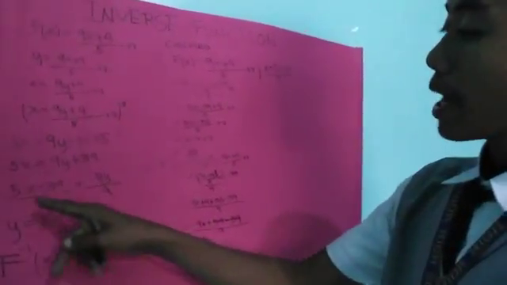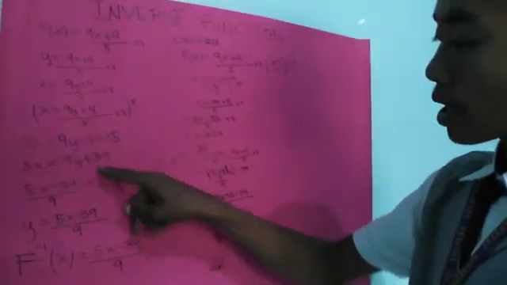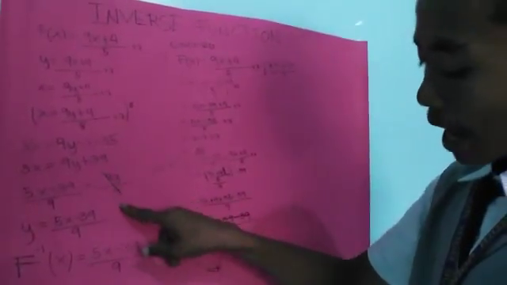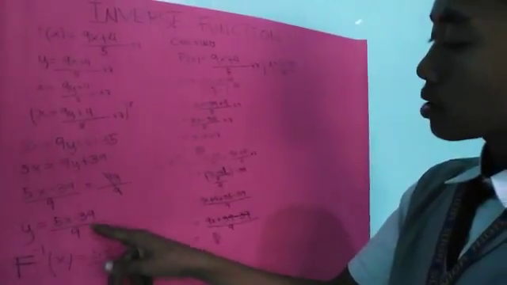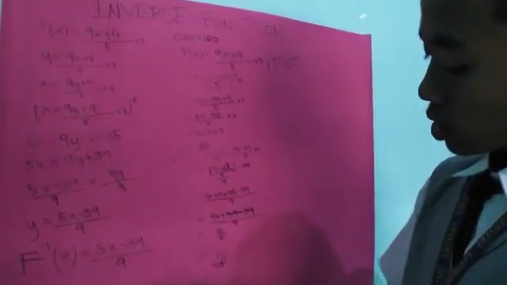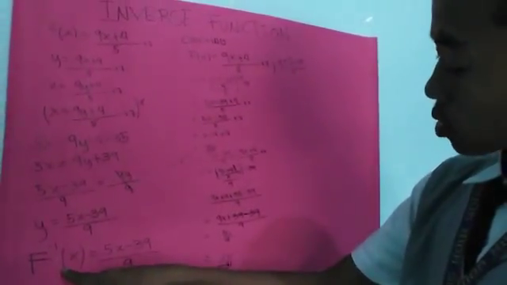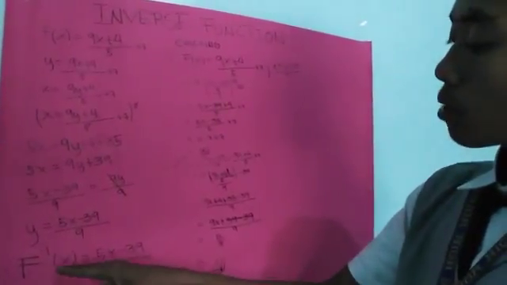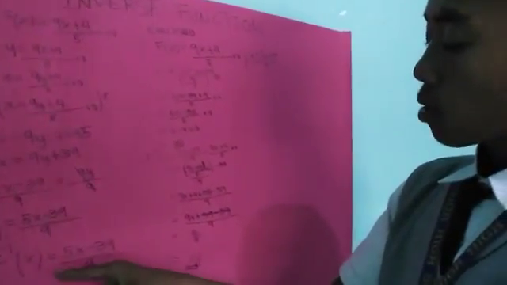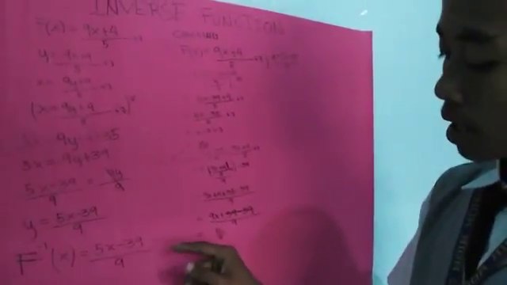Simplifying, (5x minus 39) over 9 equals 9y over 9. So cancel out 9, and y equals (5x minus 39) over 9, and change y to f to the power of negative 1 quantity x. So f to the power of negative 1 quantity x equals (5x minus 39) over 9.